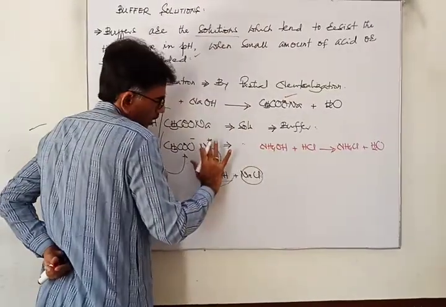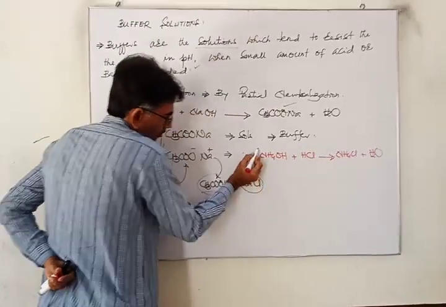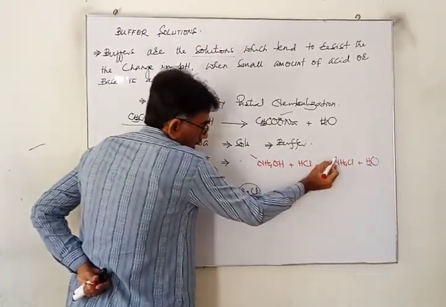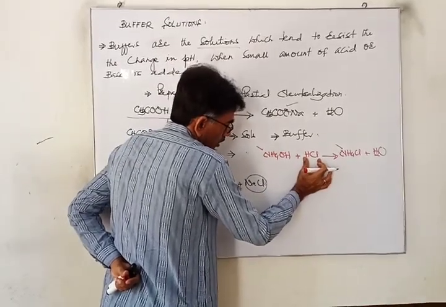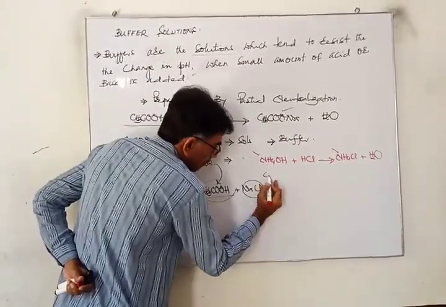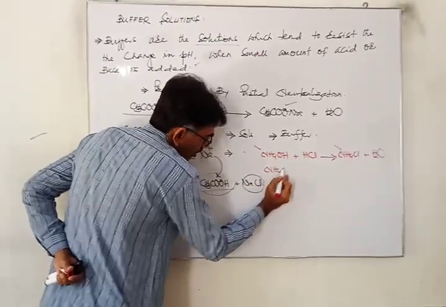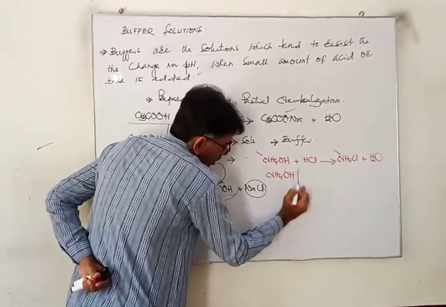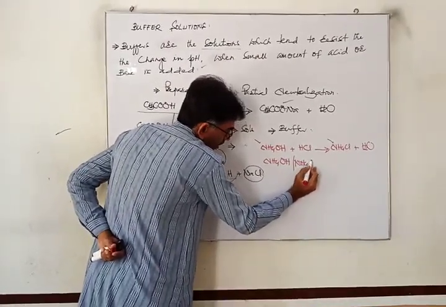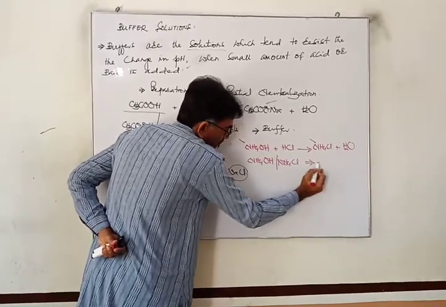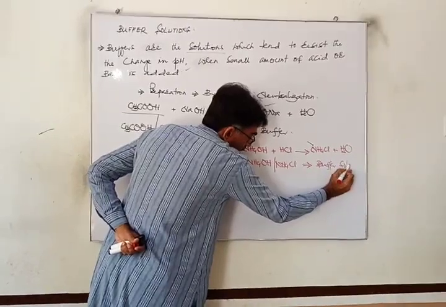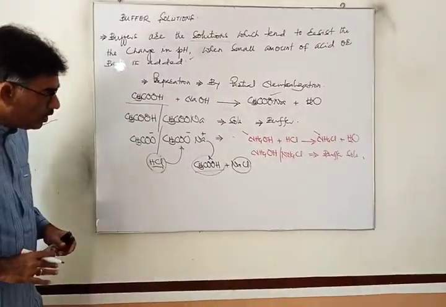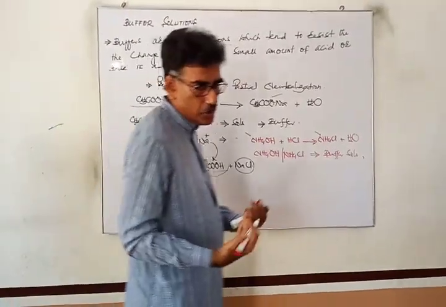Now in this case we have a weak base and a salt produced by a strong acid. So this composition is to be referred to as a buffer. So this is a buffer solution, and this buffer solution would definitely have a certain pH value.